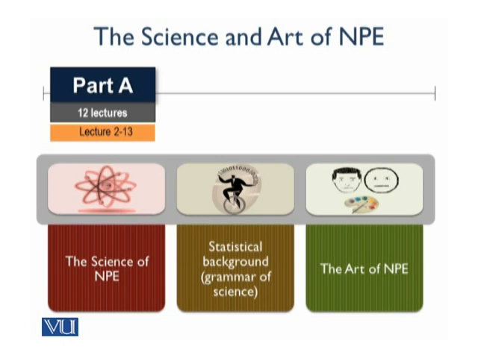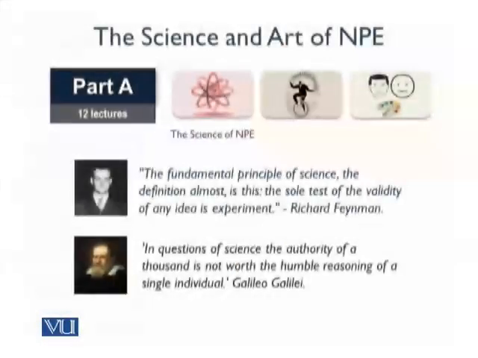Another important part of NPE, which is again more of an art than it is of a science, is how do we present data. It's important that we do not use statistics and data to mislead people and to mislead ourselves. So in this part, we'd be seeing how do we present data in a form which informs and which helps people and all the relevant stakeholders take informed decisions.